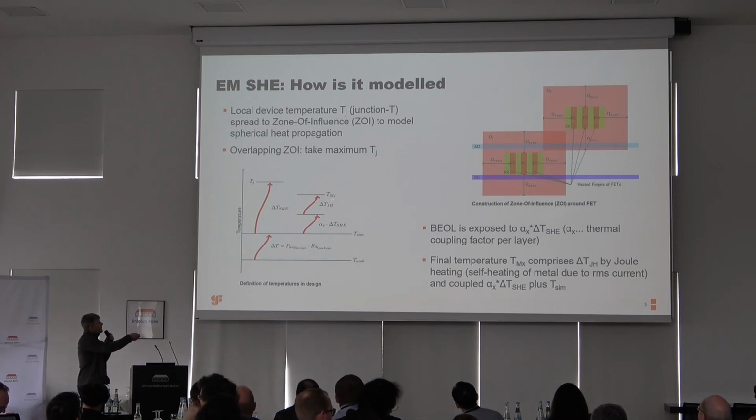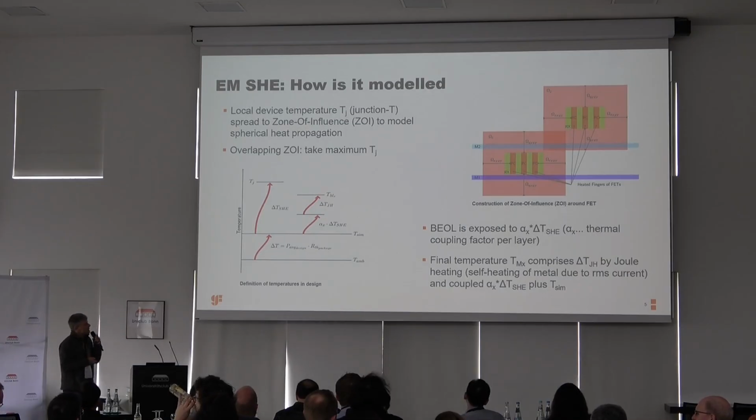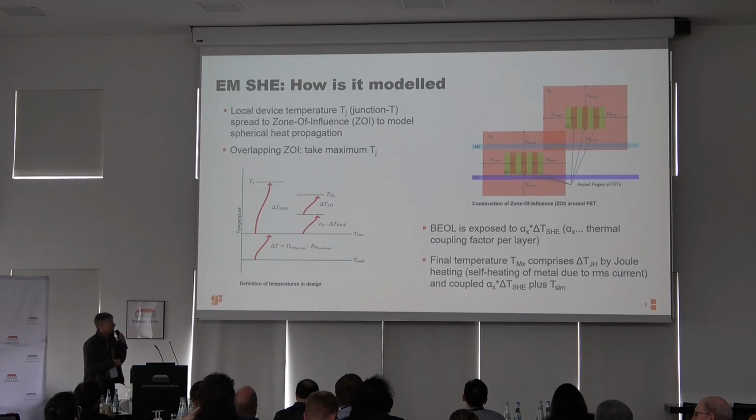And all this together forms finally the temperature of your metal segment. And this on the right top shows how this looks graphically. So you have maybe two devices next to each other, and you form a so-called zone of influence around your devices, which is this area to which the metals touching it are exposed.